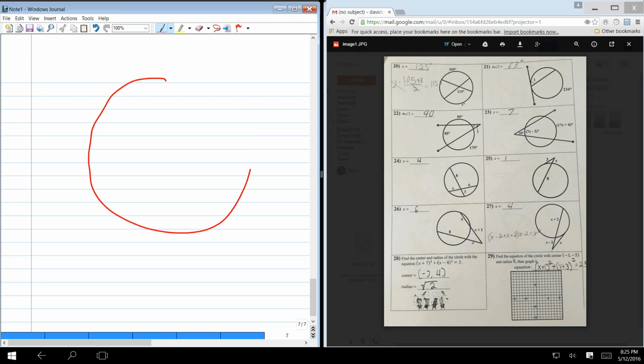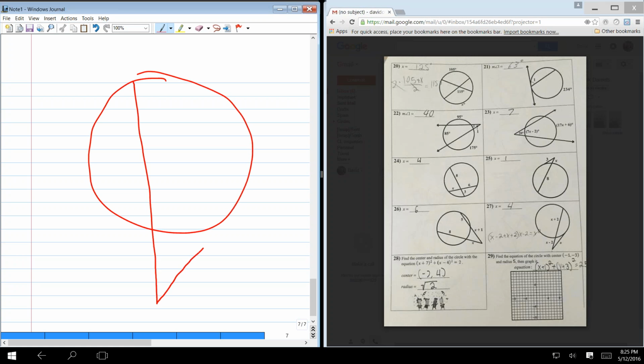Sure. 25 has a secant line, but it also has a tangent line. And there's no degrees. So this is a line segment problem. Well, the rules on this are the same as they were for number 26.